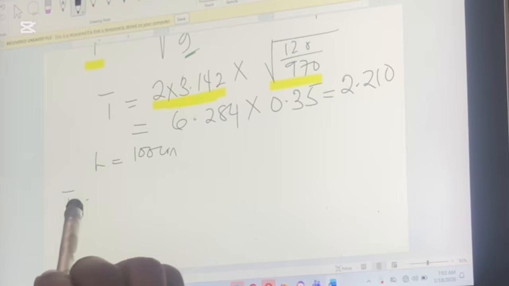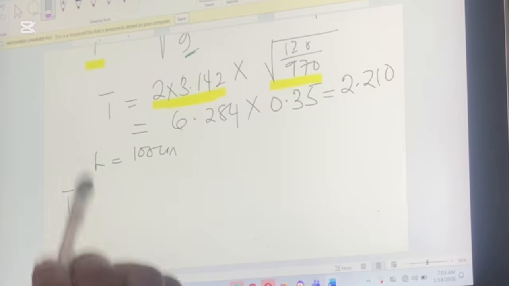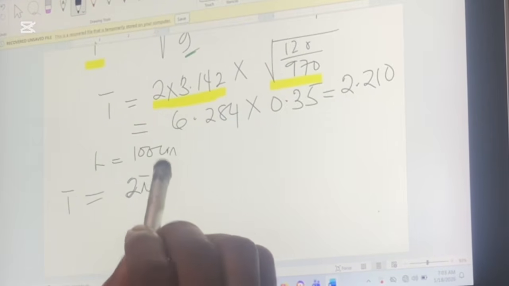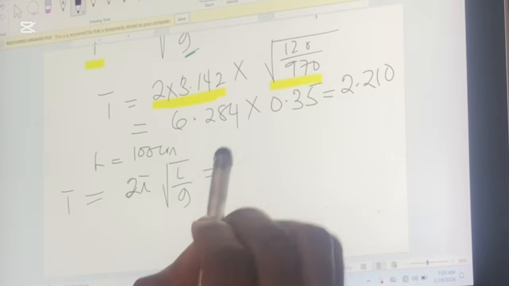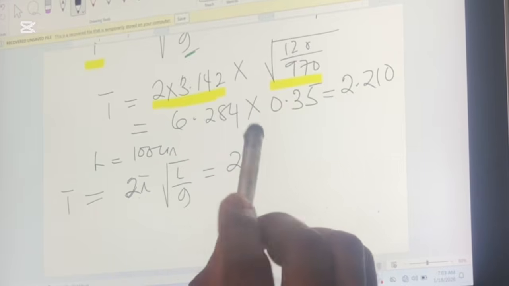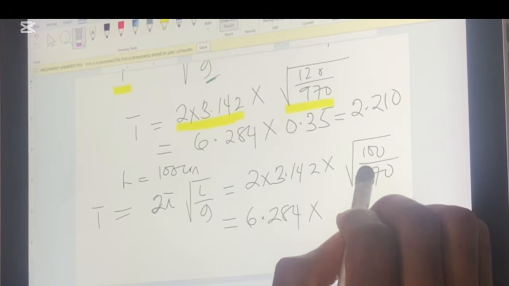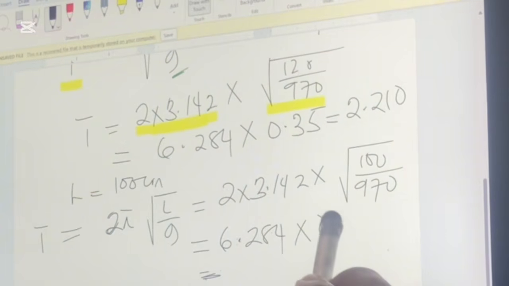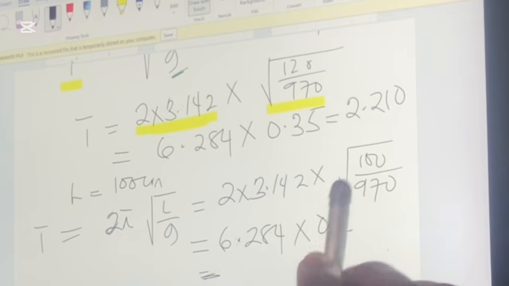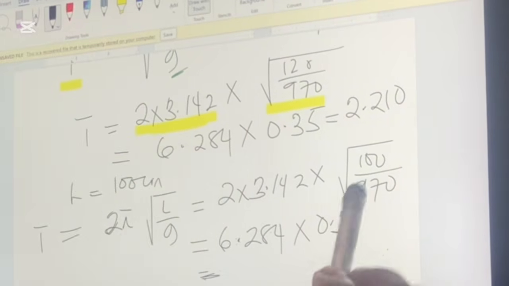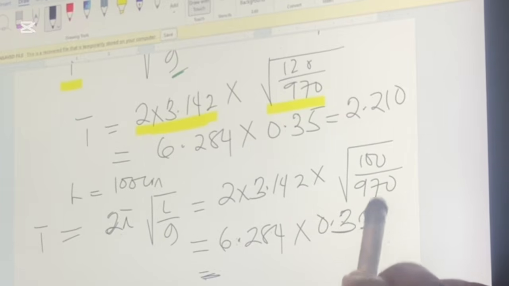The value of T here will be equal to, remember the formula, 2 pi square root of L over G. So this is 2 times 3.142 times the square root of 100 over 970, which is 0.22118 under the root.